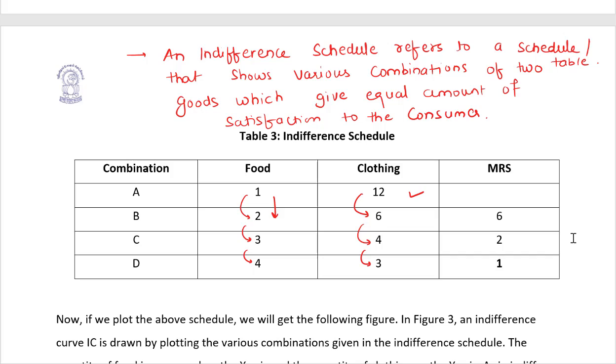Now, what are we going to do further? You have already drawn this individual indifference schedule and plotted food, clothing and marginal rate of substitution, that is the sacrifice in terms of clothing by getting an additional food.